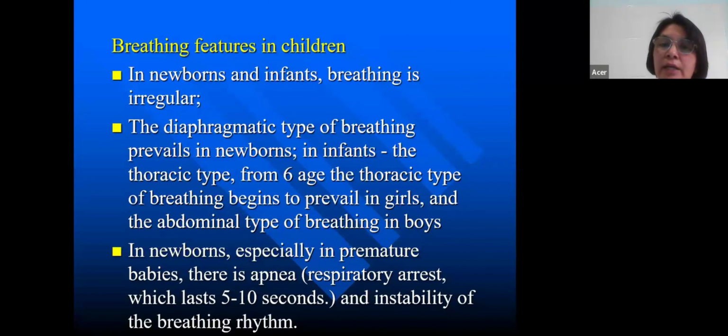From 6 years of age, thoracic type of breathing begins to prevail in girls, and abdominal type of breathing in boys. In newborns, especially in premature babies, there is apnea, respiratory arrest, which lasts 5-10 seconds, and instability of breathing rhythm, a normal condition for premature babies.